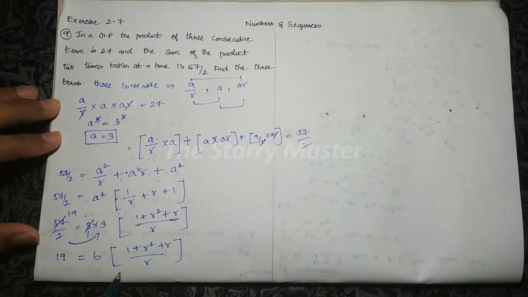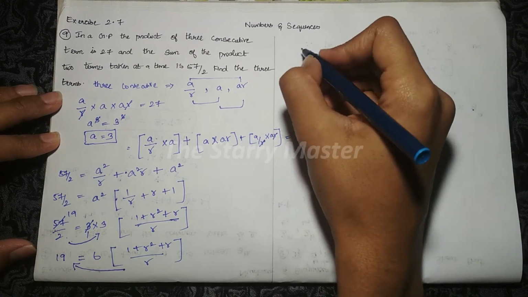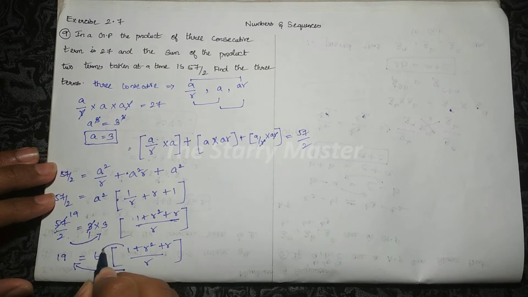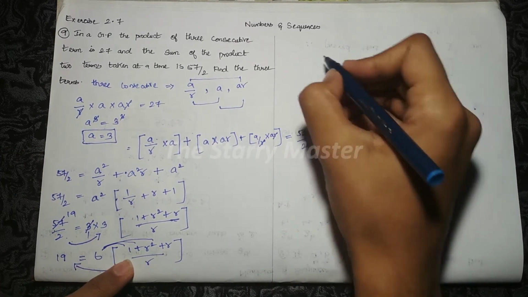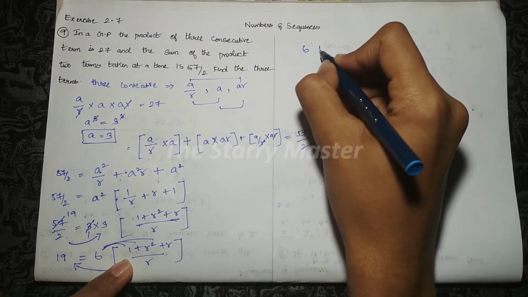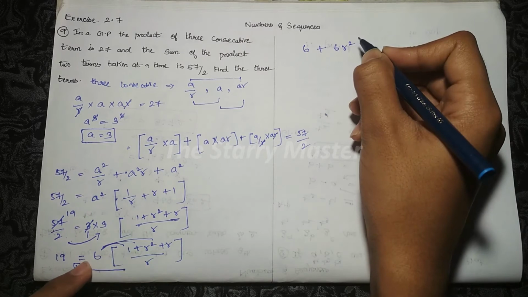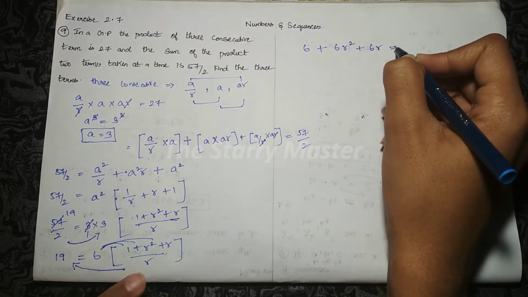Let's take this r and cross multiply with 19. This 6 multiplies inside for all three terms: 6 into 1 is 6, 6 into r square is 6r square, 6 into r is 6r, equal to 19r.